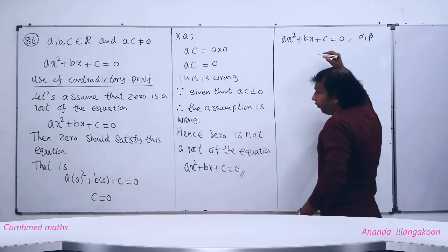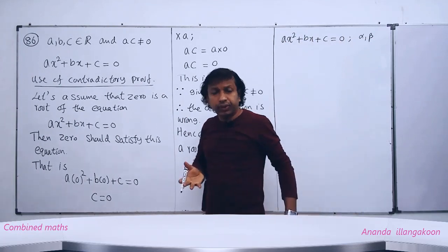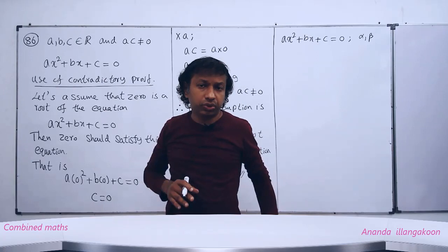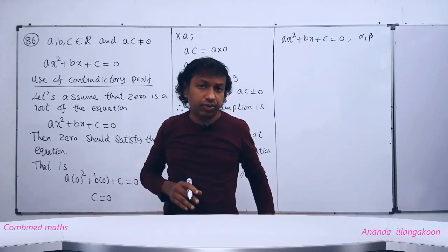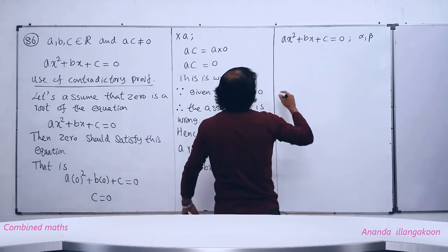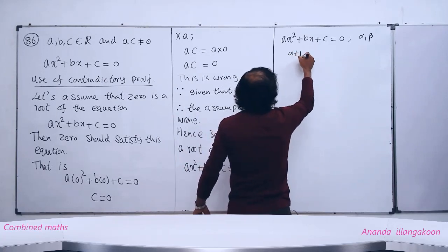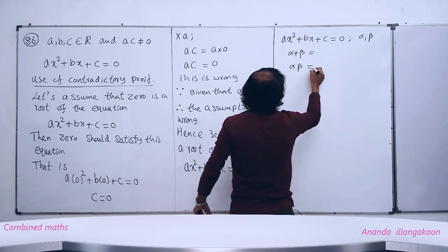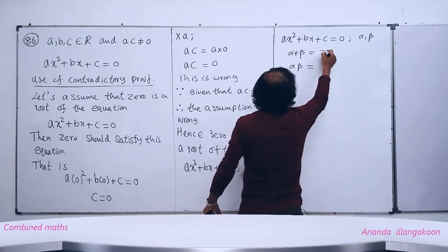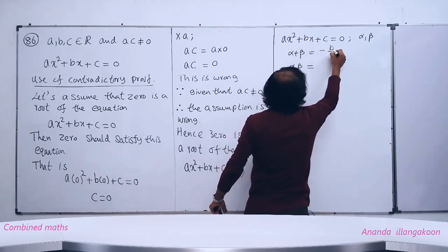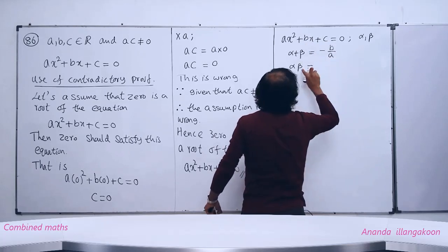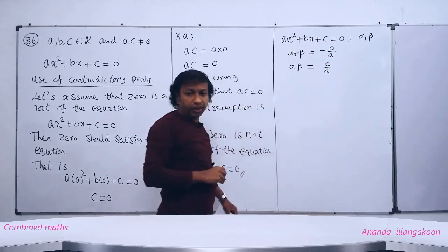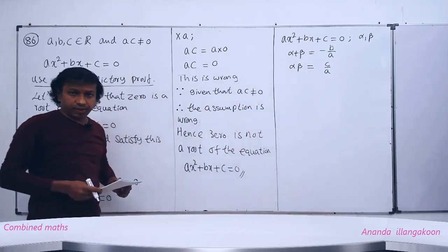You know, when the roots of a quadratic equation are given, we can write the sum of the two roots and the product of the two roots. Sum of the roots is alpha plus beta; product of the roots is alpha beta. The sum of the roots is minus x coefficient divided by x squared coefficient. The product of the roots is c divided by a. That we have proved in the theory. You can very clearly understand that.